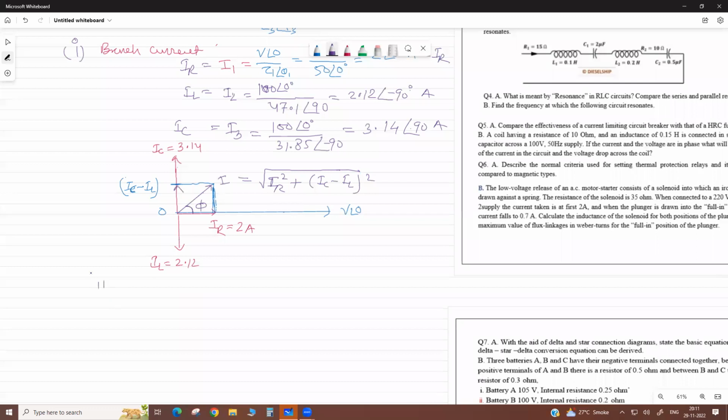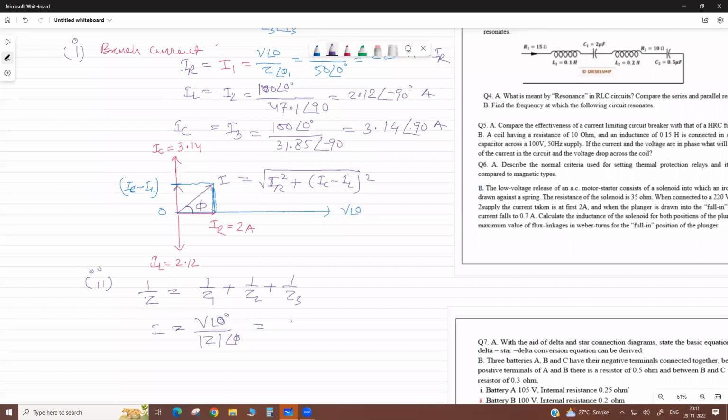This was the first part, branch current. In the second part, you calculate the total impedance of the circuit. Total impedance is Z1 plus 1 by Z2 plus 1 by Z3. When we calculate total Z, the source current equals total source voltage divided by total impedance, and it comes in polar form with angle phi, voltage being angle 0.